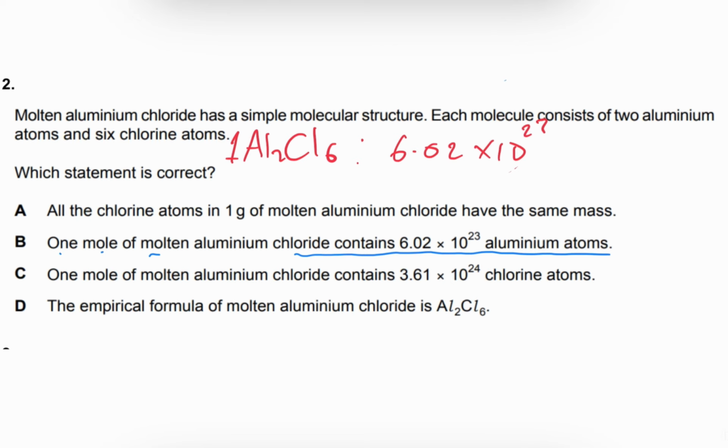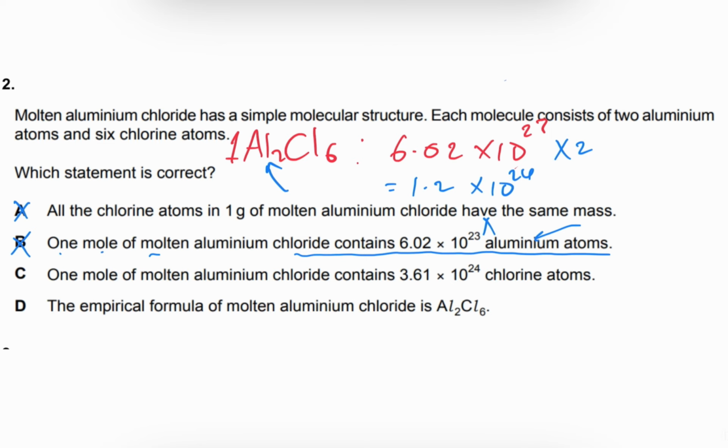So far it's correct. But the sentence here is describing the number of aluminum atoms, and that's why you have to multiply this number by 2 in order to calculate the number of aluminum atoms. That's why the answer is going to be 1.2 times 10 to the power 24, and this is not the correct answer. A is not correct, B is not correct.